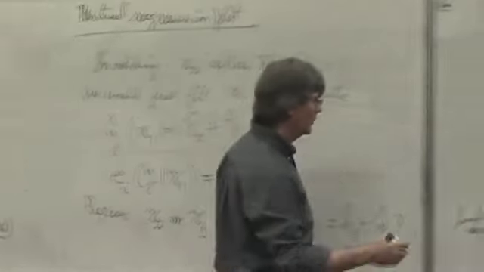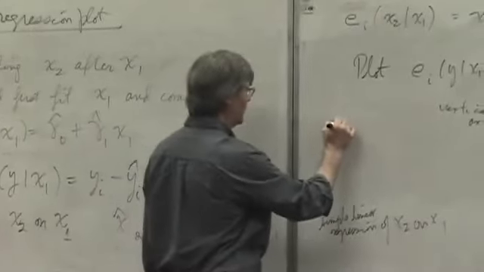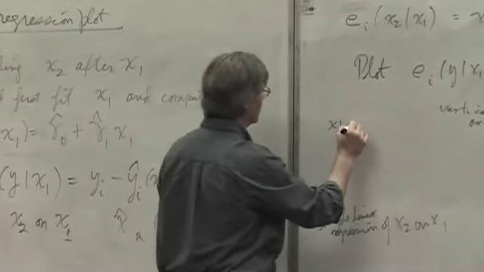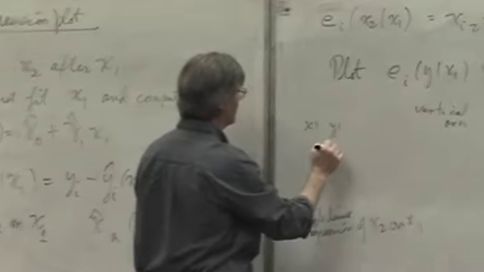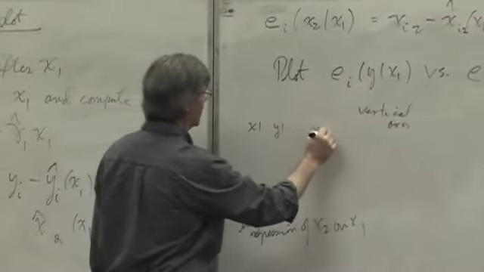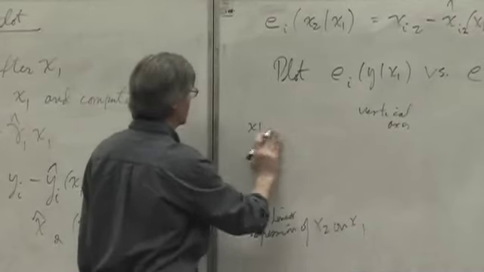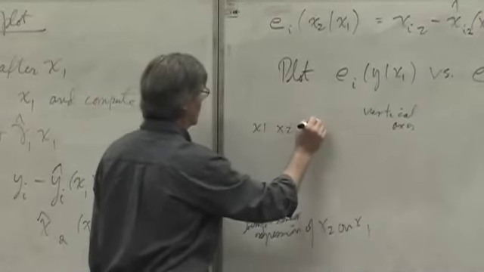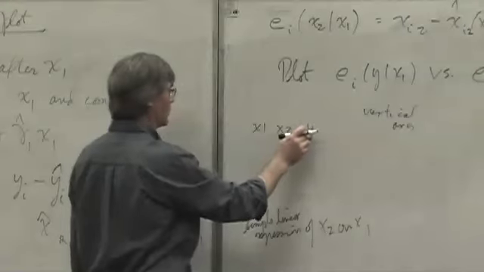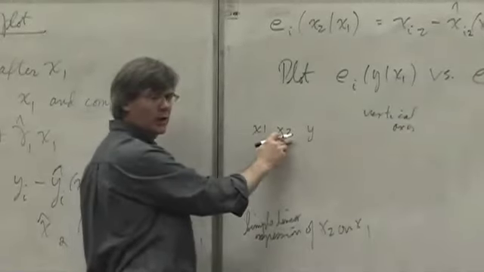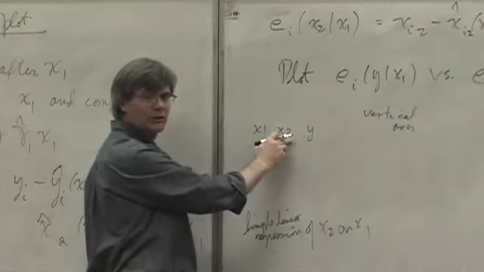The way you would set this up is you'd have the x1 variable and the y variable. You could also write down the x2 variable, though it doesn't really matter since you have x1, x2, and y. You would regress y on x1 and regress x2 on x1, with only one column of x in your regression tool.